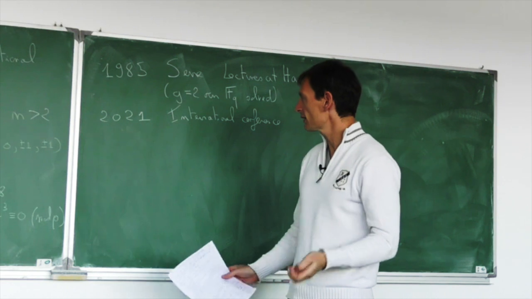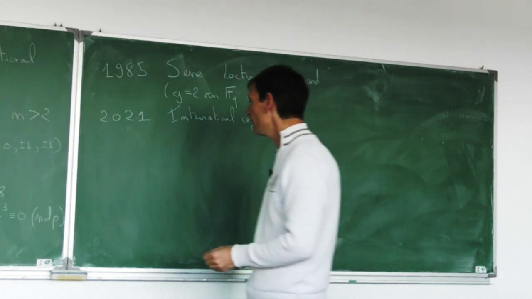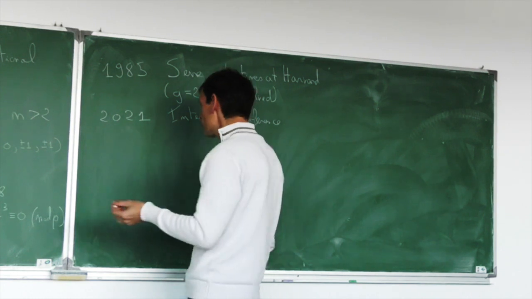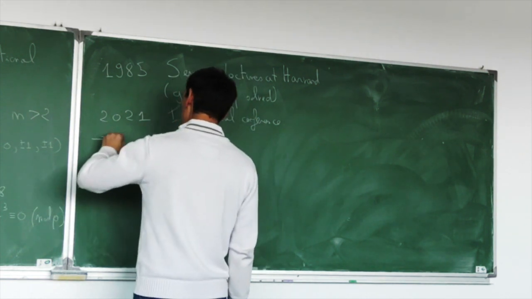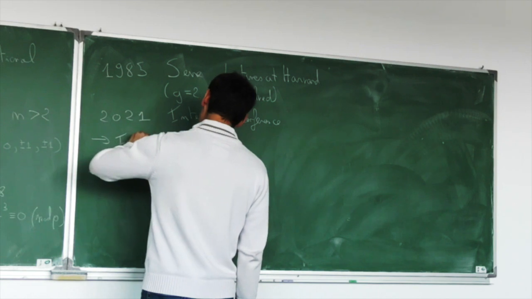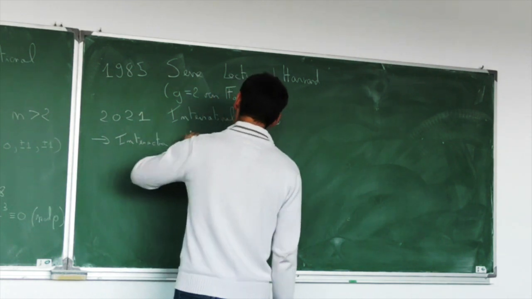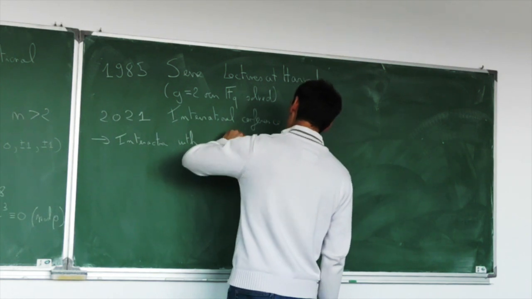The other thing is that there are plenty of interactions with other topics. When you study these topics, you can have interactions with something which is called error correcting codes.